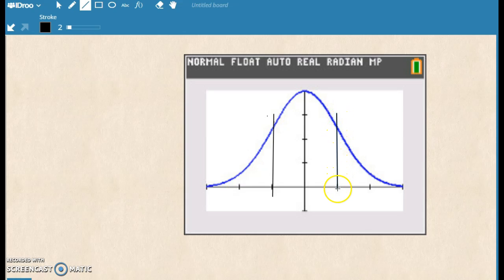Deviation is a measure of dispersion. So if we look from one deviation back to one deviation up, we are talking about 68.3% of the data falling in that area.